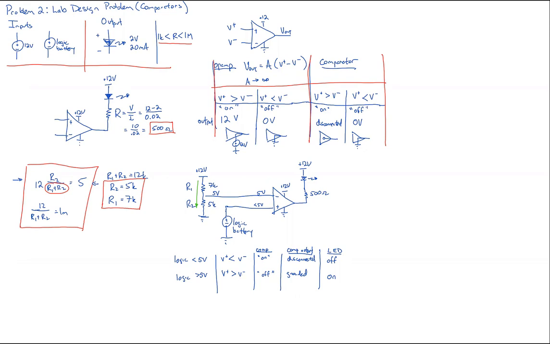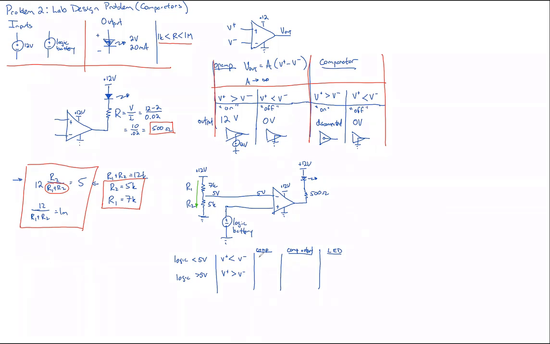In this case, it'll be greater. This top part is always 5 volts. This bottom part changes depending upon what the logic battery is. And now the comparator's sense of what's on or off is flipped. Therefore, the comparator's output sense is flipped.